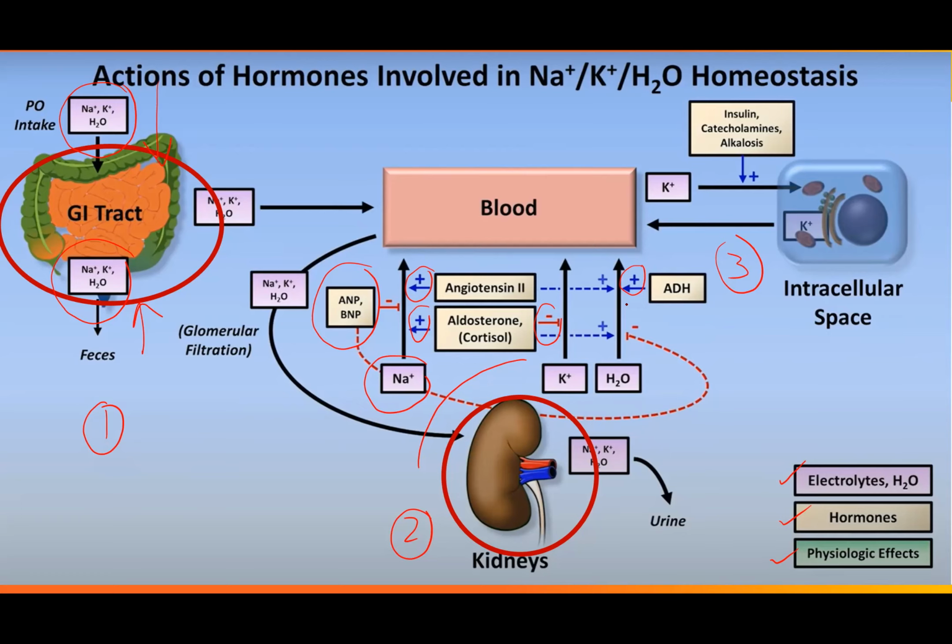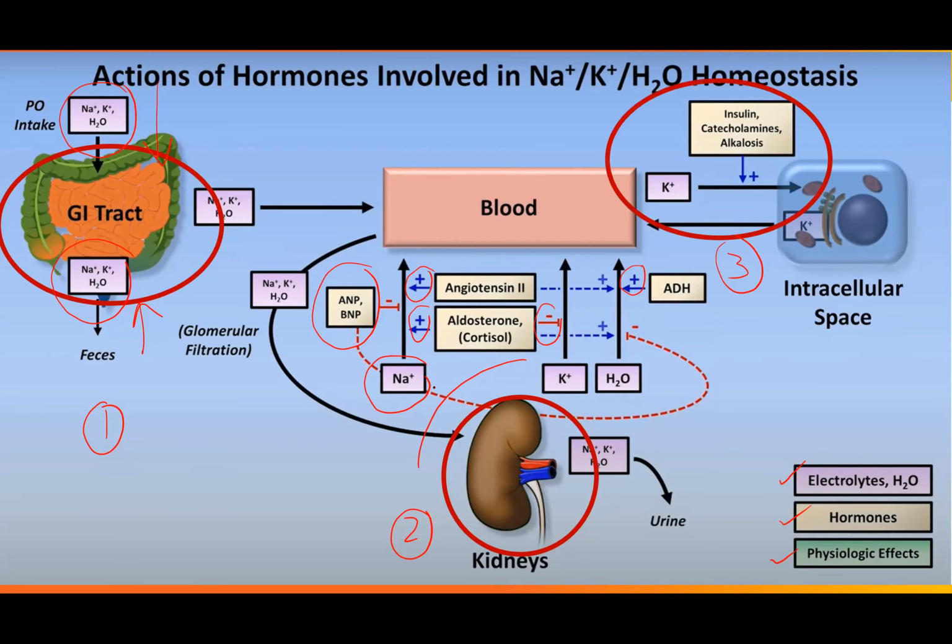The net result is that with any disturbance, let us say excess aldosterone or excess angiotensin, sodium is retained and potassium is lost. Likewise, excess ADH also retains water and sodium and loses potassium. This is the second mechanism.